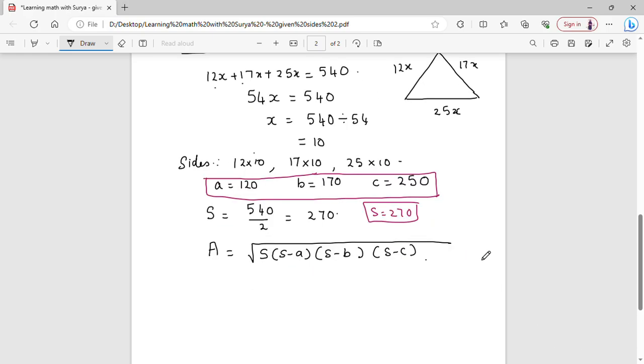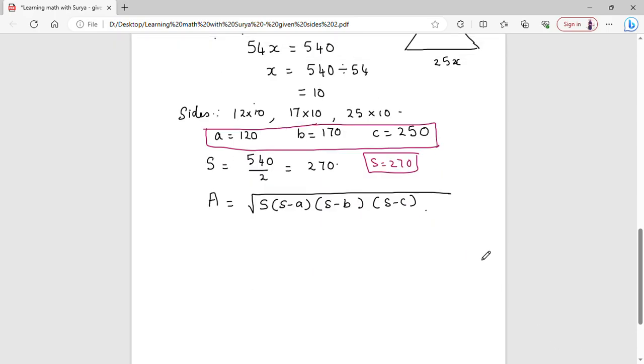So, if I do that, I'm going to get area is equal to root of 270 into 270 minus 120, 270 minus my B is 170, my C is 270 minus 250.